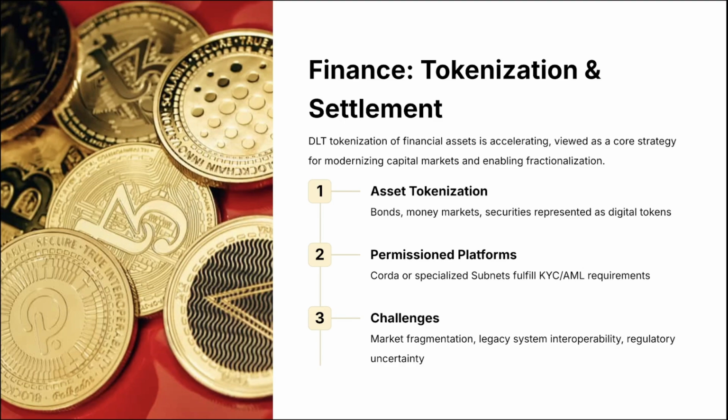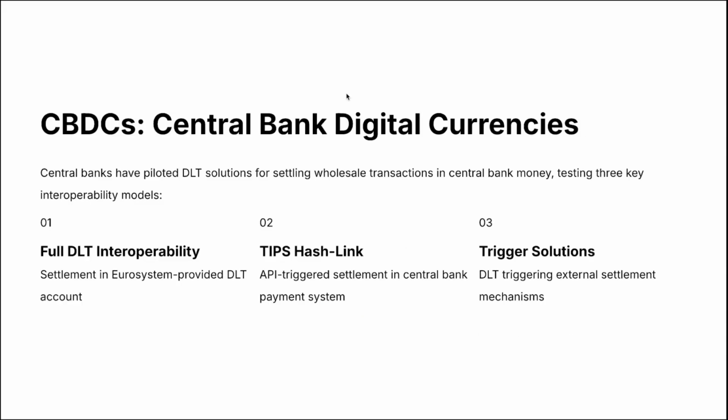And the last slide, what we are seeing in the trend, central banks are exploring DLT-based solutions to modernize the settlement of transactions using central bank money. As part of this effort, 3 key models are being piloted to bridge the gap between distributed ledger and traditional systems.